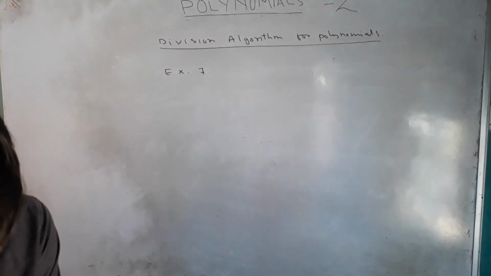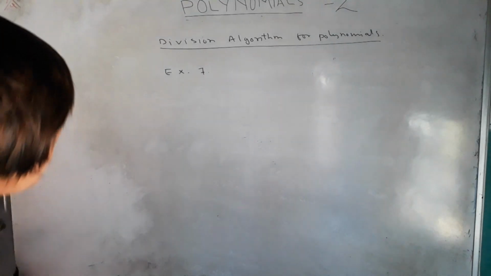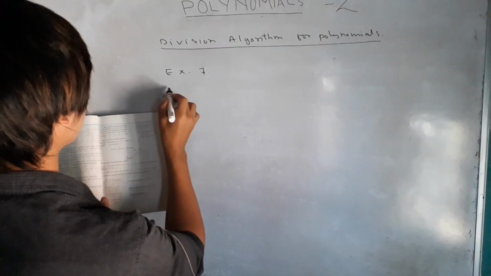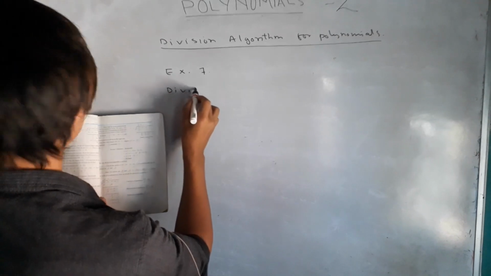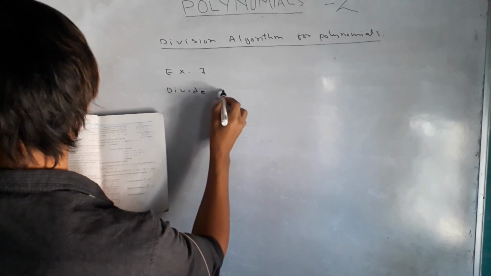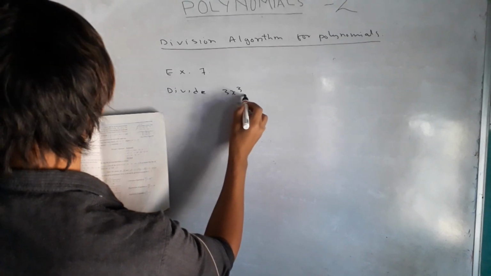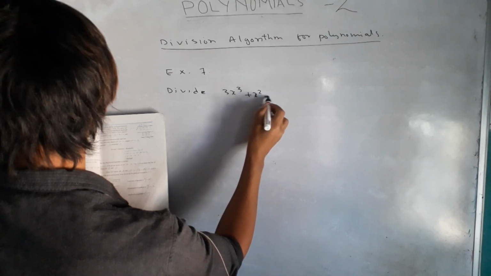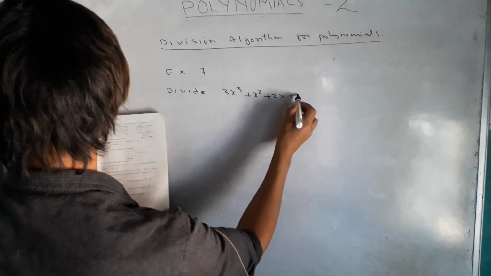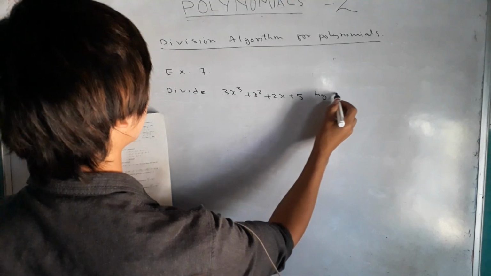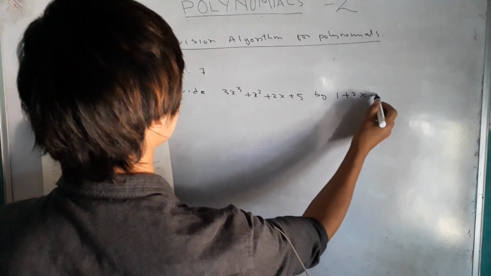What is the question saying? Divide 3x cube plus x square plus 2x plus 5 by 1 plus 2x plus x square.